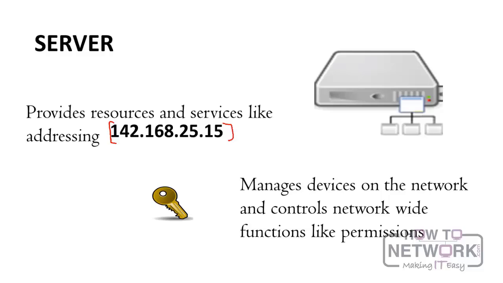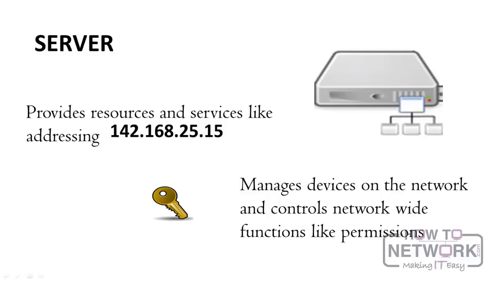So not only is it going to give all our clients, all the other nodes, addresses that allow them to communicate, it's also going to manage how those devices communicate and what they're allowed to do, which is what we call permissions. So you can see that the server is a type of node, but I just want to describe server. We're going to talk about some of the other devices in just a moment.